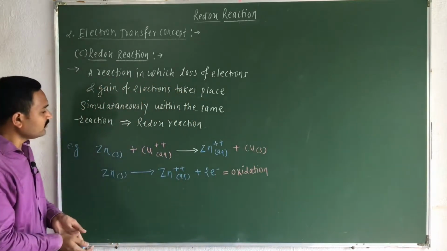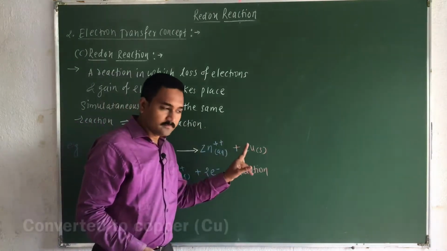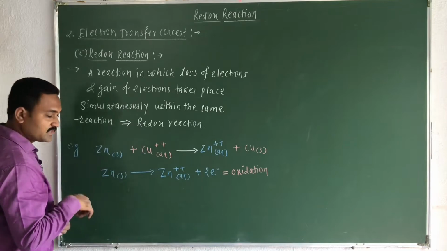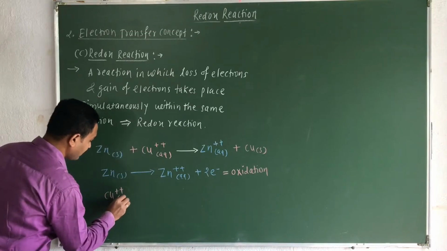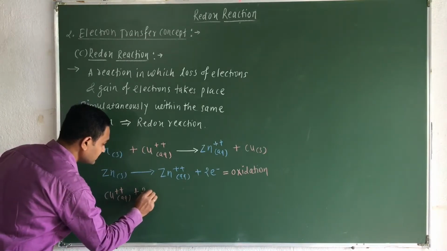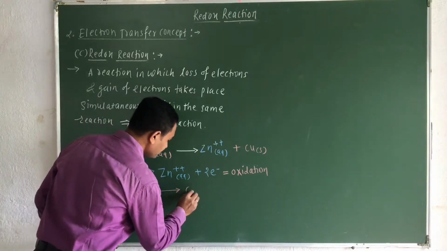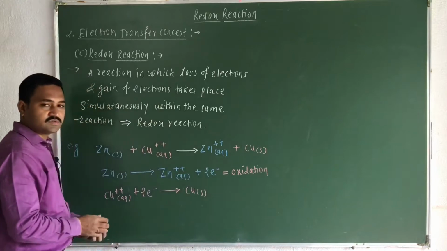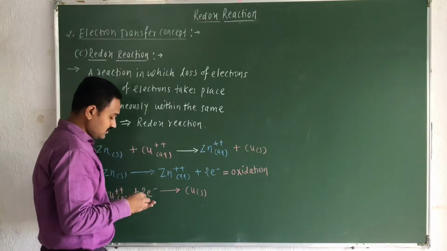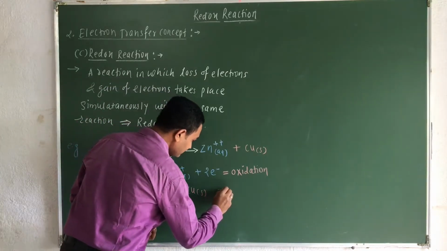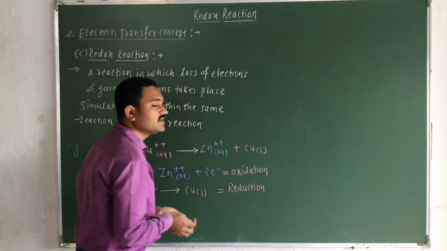Now if we observe the Cu2+ ion, there will be a gain of electrons: Cu2+ aqueous plus 2 electrons gives Cu in solid. So here there is a gain of electrons, hence this will be the reduction reaction.